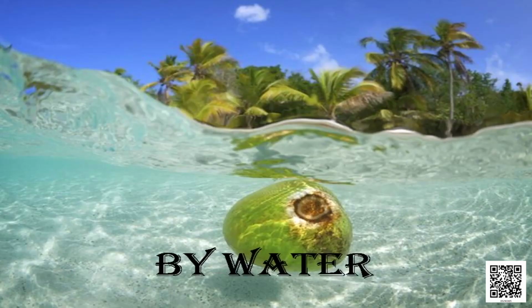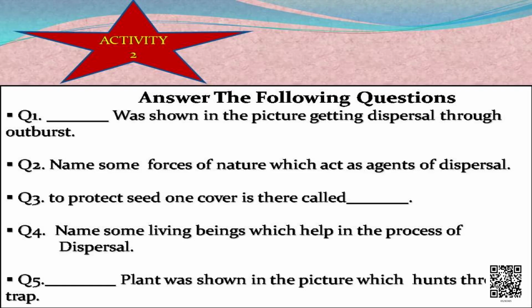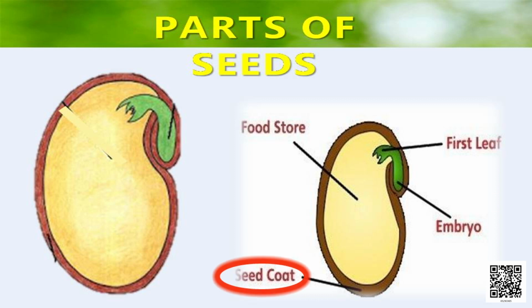Did you get me? Yes, these are the forces of nature which act as the agents of dispersal, right? Now, the next question was, to protect the seed, one cover is there. What is it called? Do you remember? I told you in the beginning, it is the seed coat, okay? It is called the seed coat. It is a dry outer external cover which protects the seed inside it.